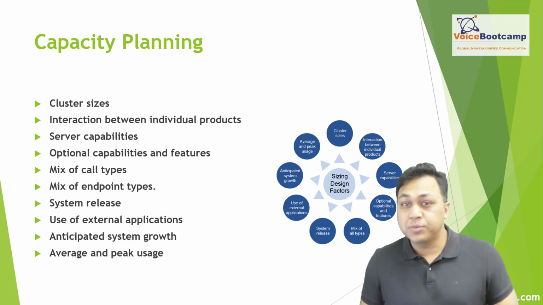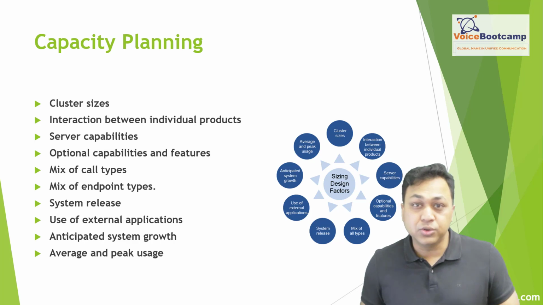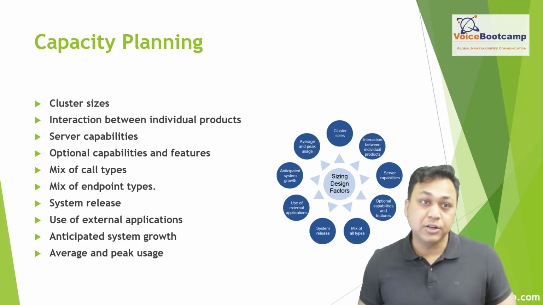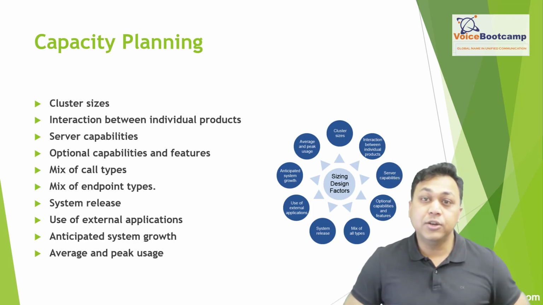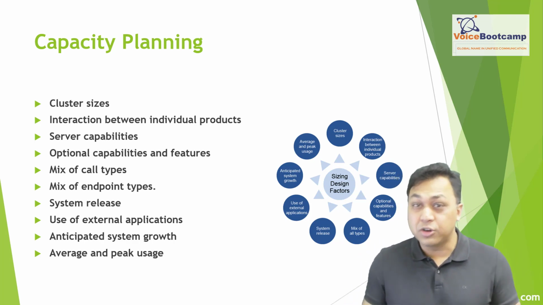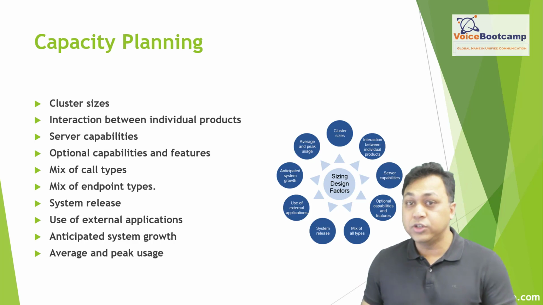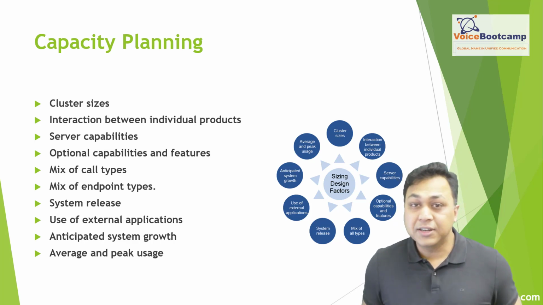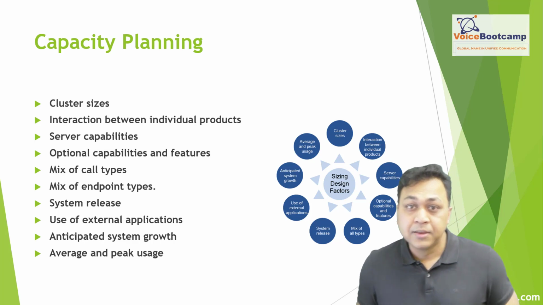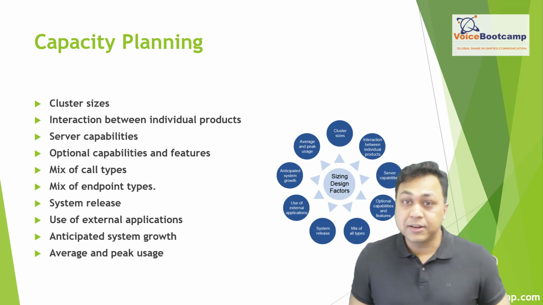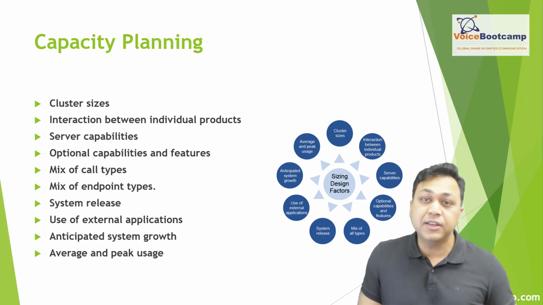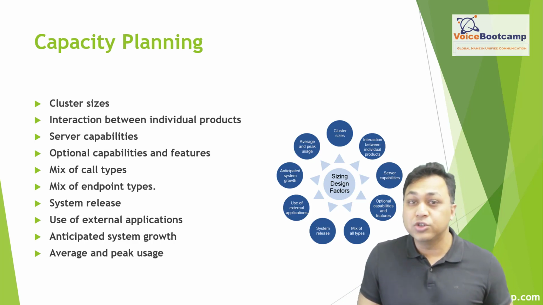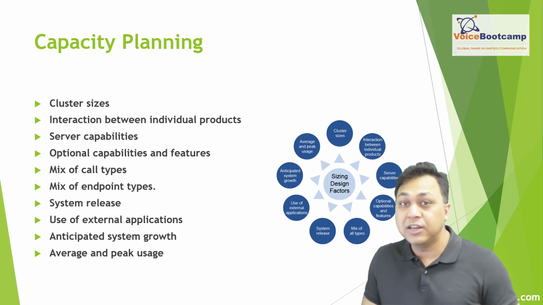We also have different options and capabilities for features that you may or may not want to run. For example, one organization may use feature A, whereas another organization may not want feature A, but want to use features B, C and D. In that case, how does that affect your resource utilization on the servers? All these things will impact your utilization. Then we mix in which release version you are running, and then you suddenly upgrade.